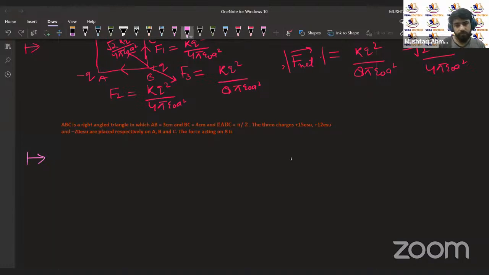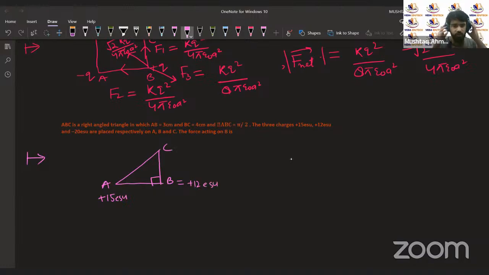The situation is like this. Suppose we have a right angle triangle like this. It is right angled at point B. This is our A and this is our C. The three charges are placed like this: we have plus 15 ESU here, which is a positive charge, and at point B we have plus 12 ESU, that's electrostatic unit.